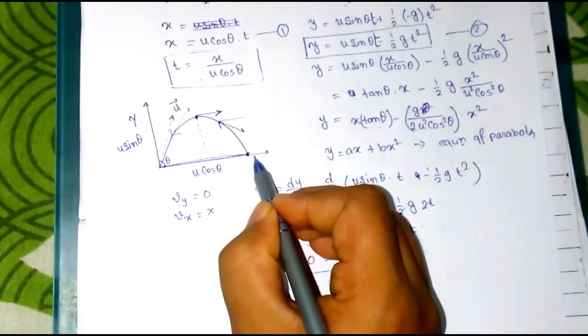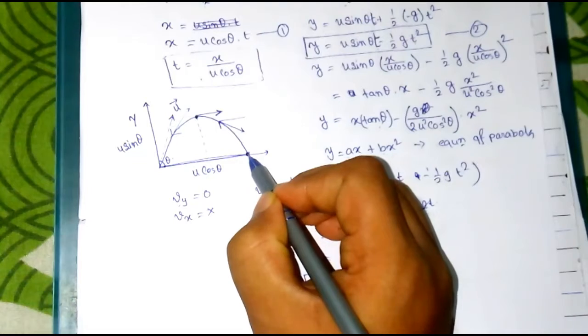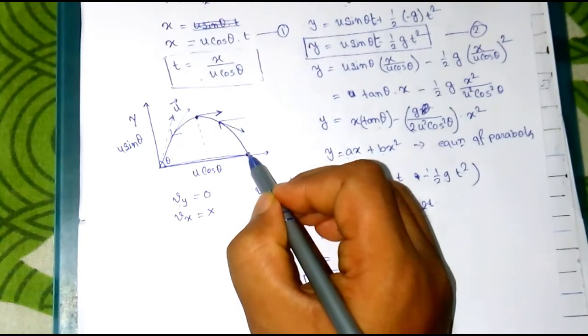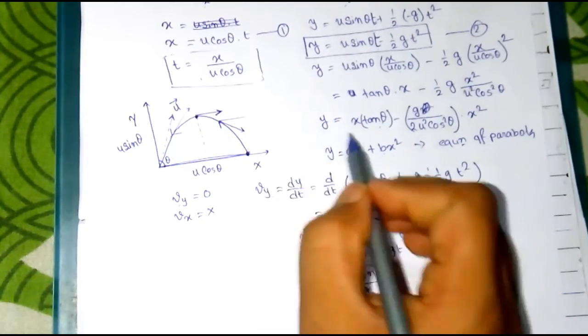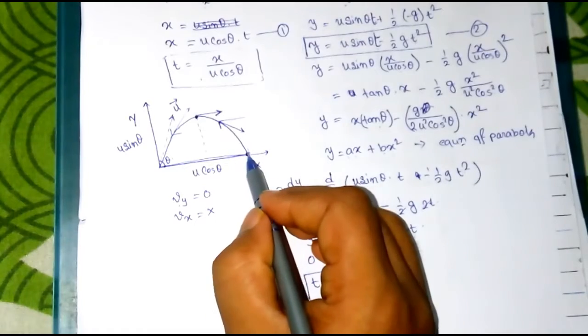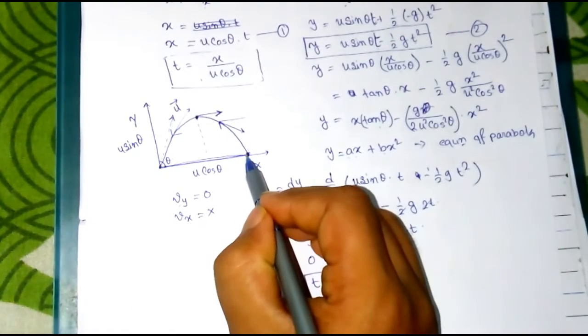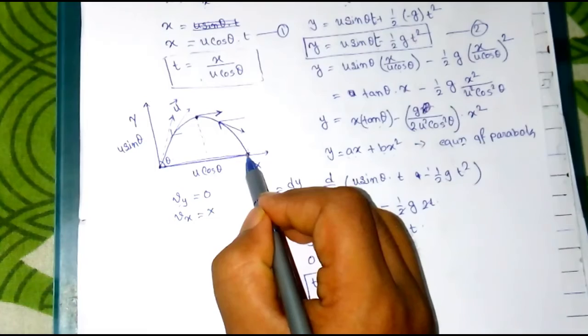So at this point, the y coordinate of this position is 0 because there is no height. The displacement in the y direction is 0 because it starts from this height and reaches the same height only.